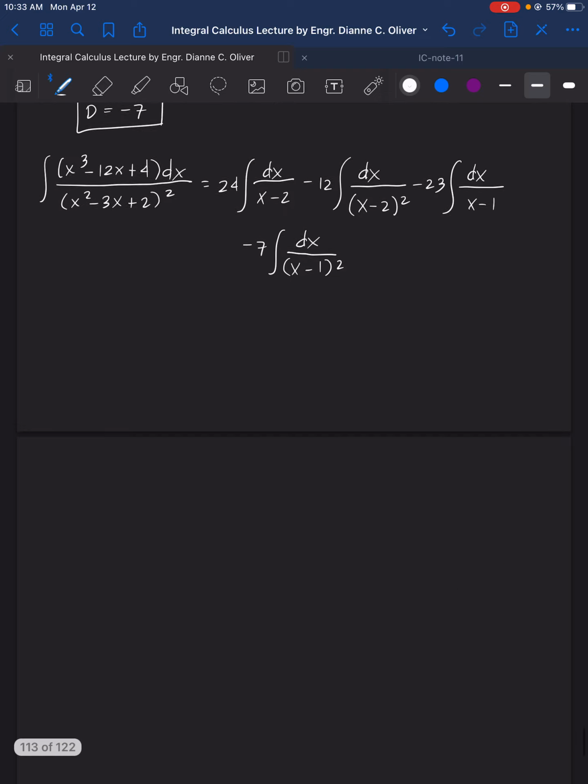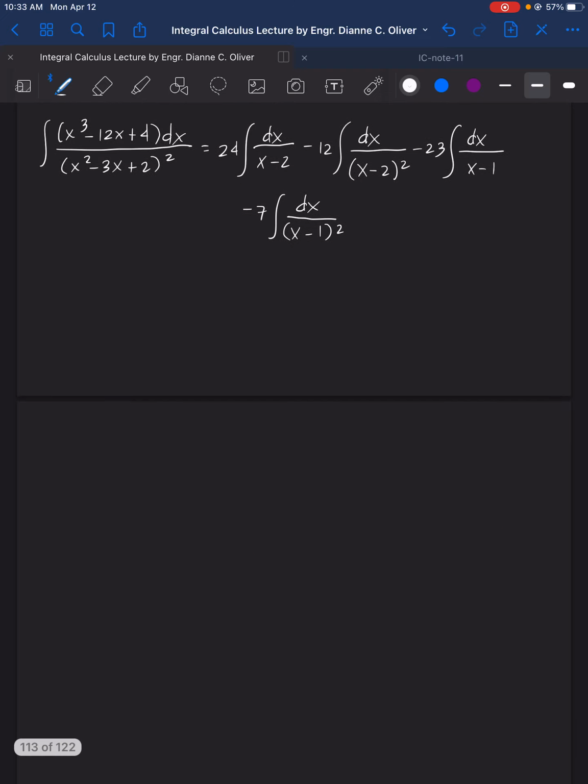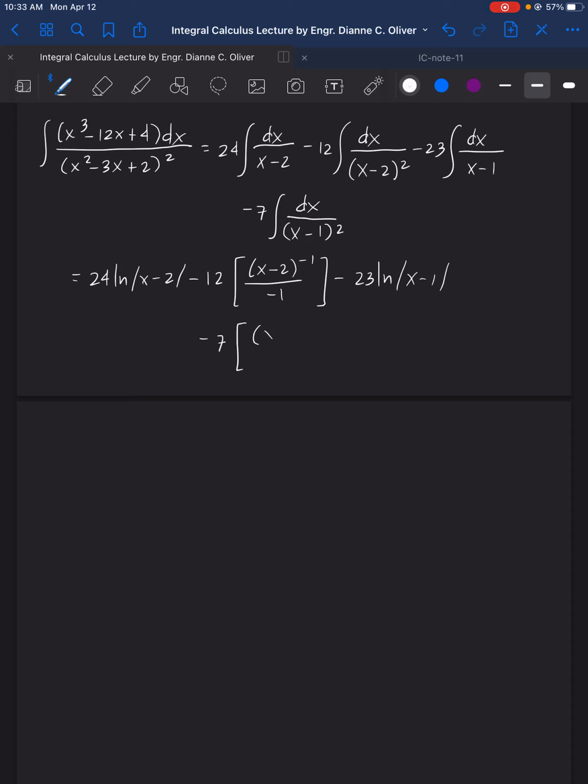And let's solve them one by one. So here we have 24 ln of x minus 2 minus 12. Power formula, we have x minus 2 raised to negative 1, minus 23 ln of x minus 1, then negative 7 power formula x minus 1 raised to negative 1 over negative 1 plus c.